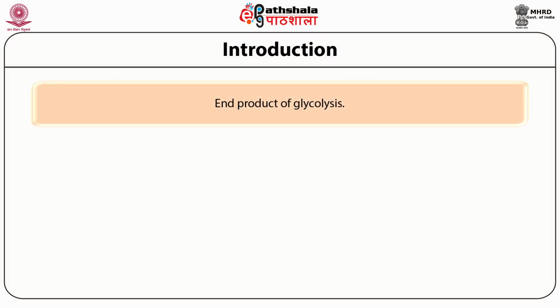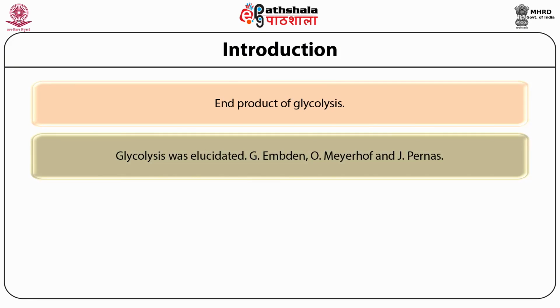The end product of glycolysis is pyruvate, which can further be metabolized in two ways: anaerobic and aerobic. In the latter half of the 19th century, a complete map of glycolysis was elucidated, and Meyerhof and Parnas were the pioneers in the work, and hence the pathway is also known as the Embden-Meyerhof-Parnas pathway.